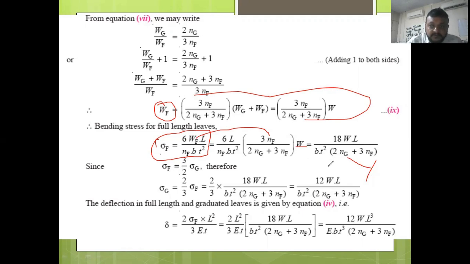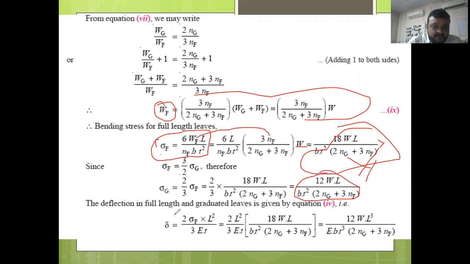So simply you have to put 2 by 3, because we have to find out sigma G, so sigma G is 2 by 3 sigma F. Multiplying this equation by 2 by 3 will give 12 WL over B T square into 2NG plus 3NF. So these are the two equations that you have to remember to calculate the stress in the full length leaves and the stress in the graduated leaves.